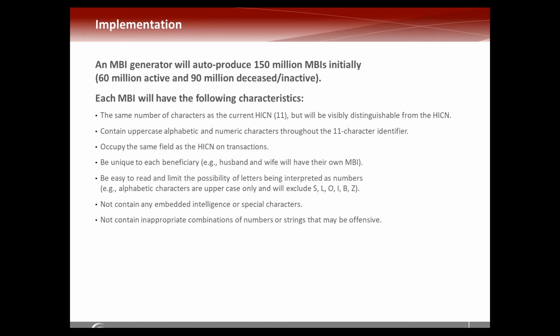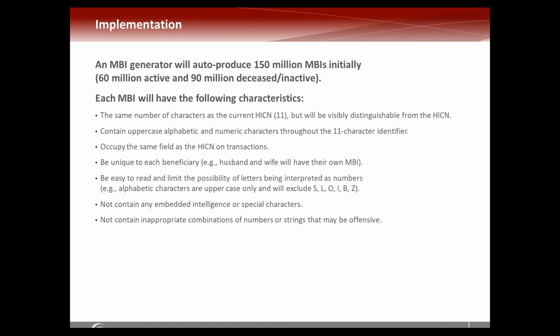The MBI will be unique to each beneficiary, such as a husband and wife will have their own MBIs. The MBI will be easy to read and limit the possibilities of letters being interpreted as numbers. This is done using uppercase alphabetic characters, and excluding letters such as S, L, O, I, B, and Z that could be mistaken as numbers.